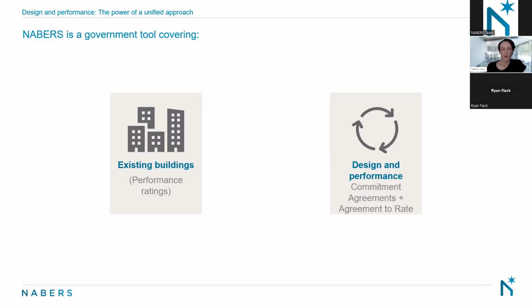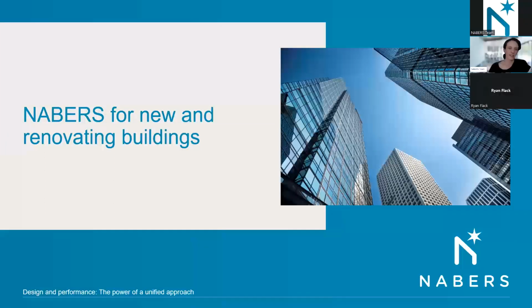The other section of our work is design and performance ratings. So they are design ratings, designed for new buildings, but their primary goal is to close the performance gap, so to get buildings to perform as designed. So we've got two key tools for new and renovating buildings.